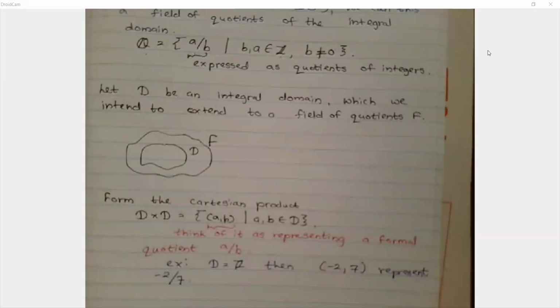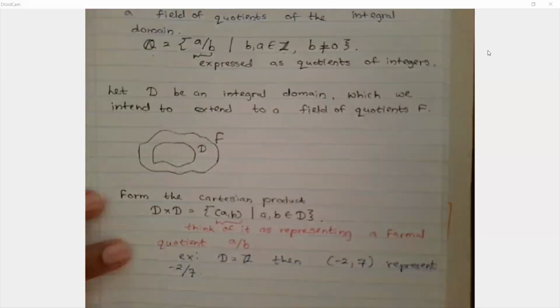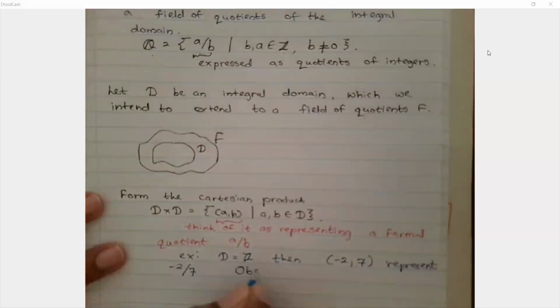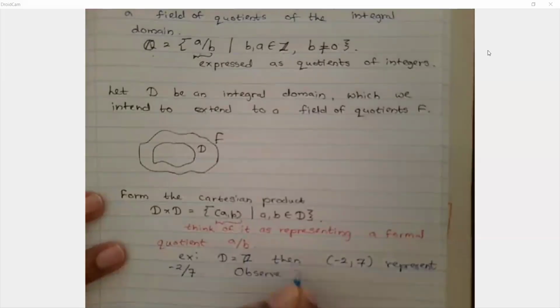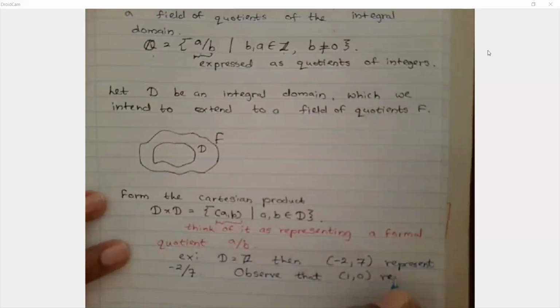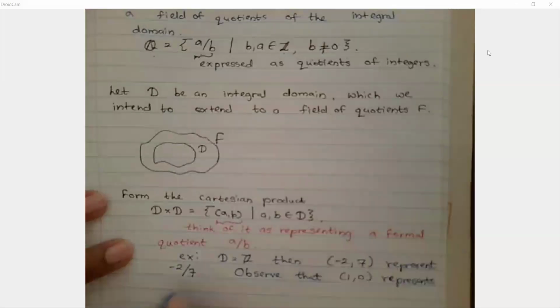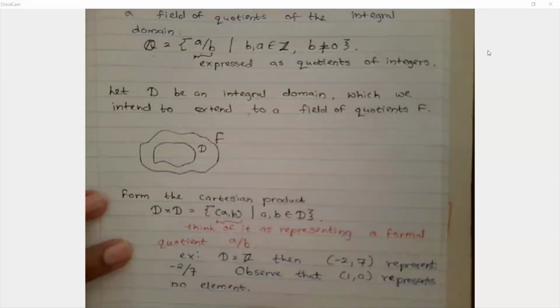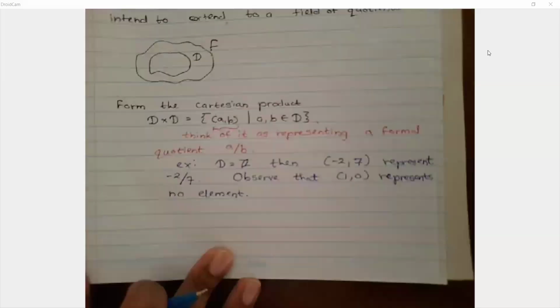So we have to impose some sort of restriction, right? So what we do is, before we actually get to the part, observe that 1, 0 would not represent any element. It does not represent any element.